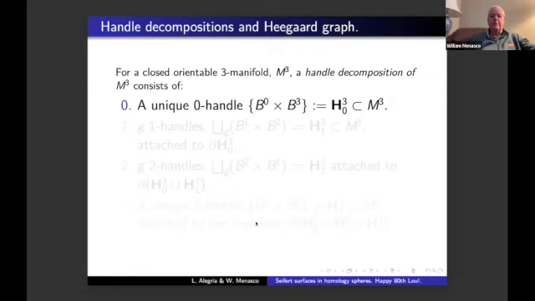For three manifolds, any three manifold can be built as follows. You start off with a copy of a three ball, and you give it the following structure: a zero ball cross a three ball, and that's the zero handle. That's the unique zero handle.